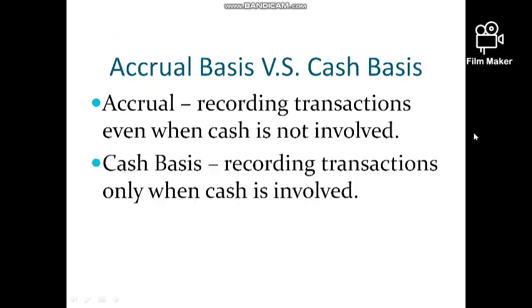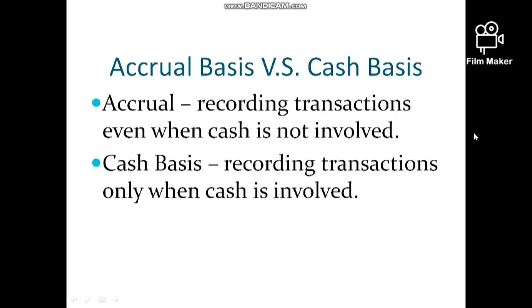We compare now the accrual basis and cash basis. In accrual basis, we record all the transactions even when cash is not involved. For example, in recording a sales transaction wherein the customer is not required to pay immediately, we record that transaction by debiting accounts receivable and crediting sales or service revenue.